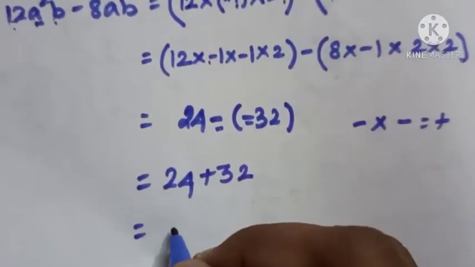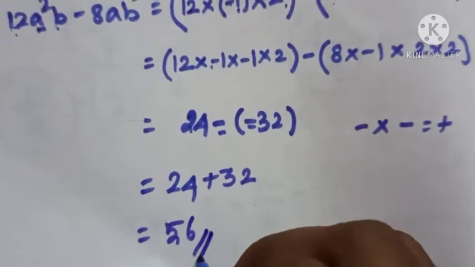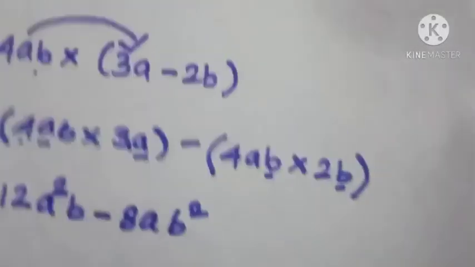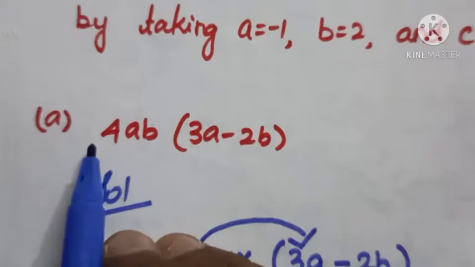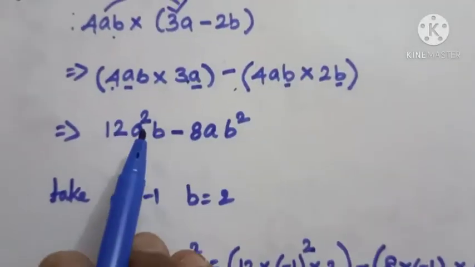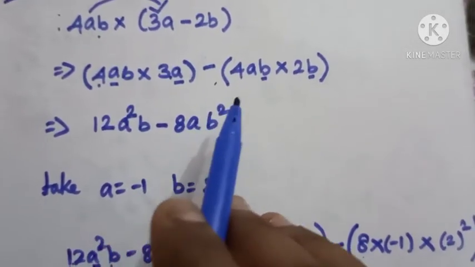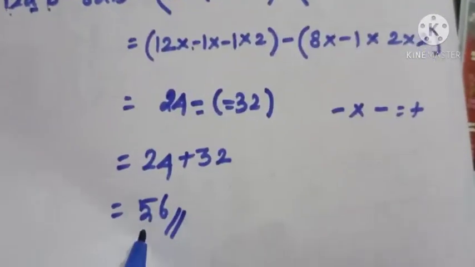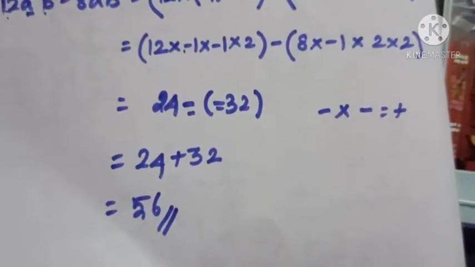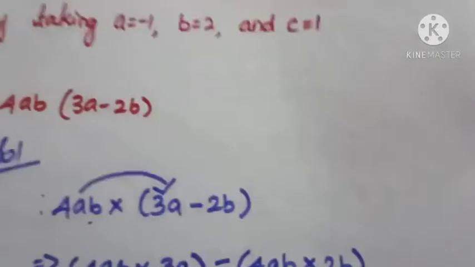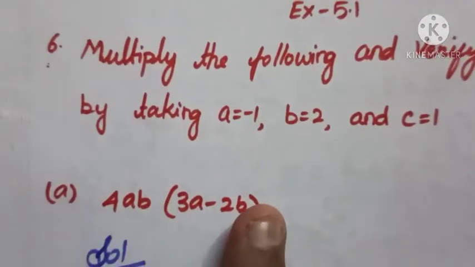Finally you get 56 as the answer. So first you multiply this monomial by the binomial, you get the product 12A square B minus 8AB square, and next you get the value 56. Okay, so we just have to check this question also.